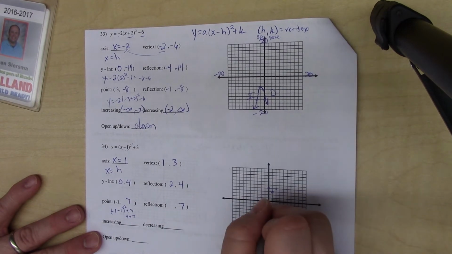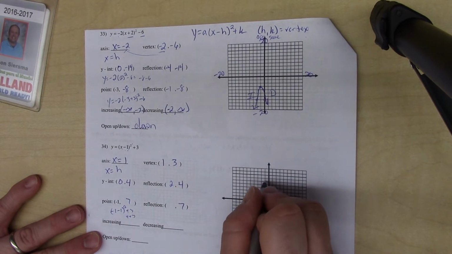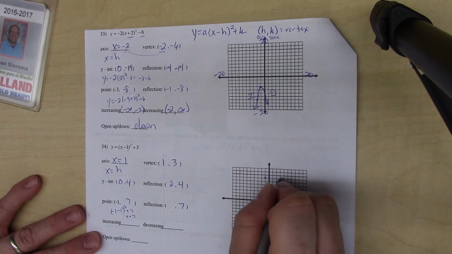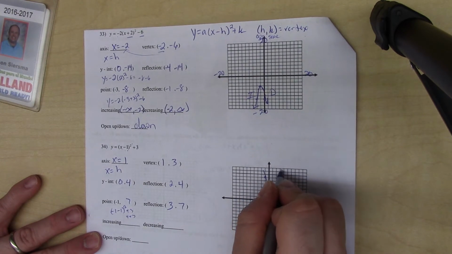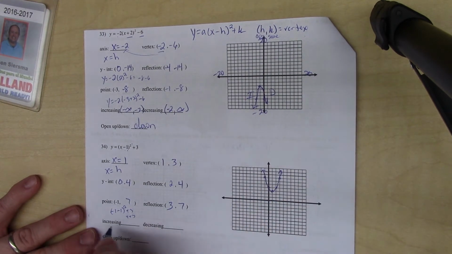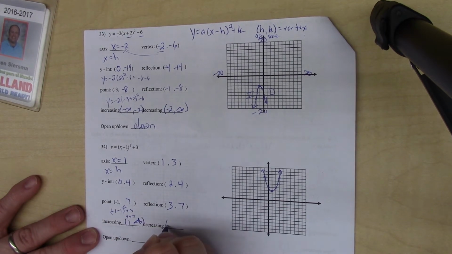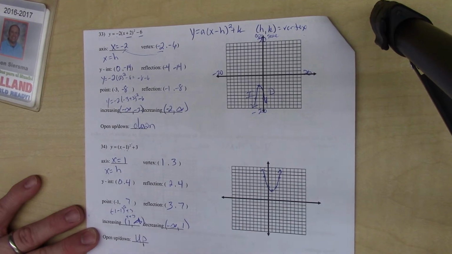I know that reflects there. -1, 7 is right here. Reflect that to here. And I've got my parabola. Increasing from 1 to infinity and decreasing from -infinity to 1. This, of course, opened up.